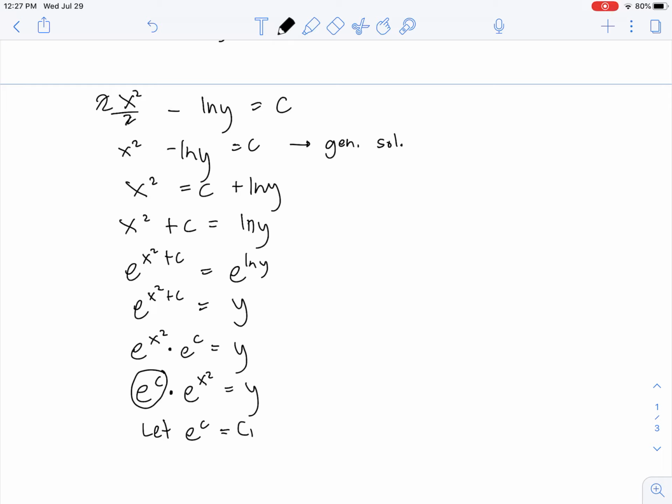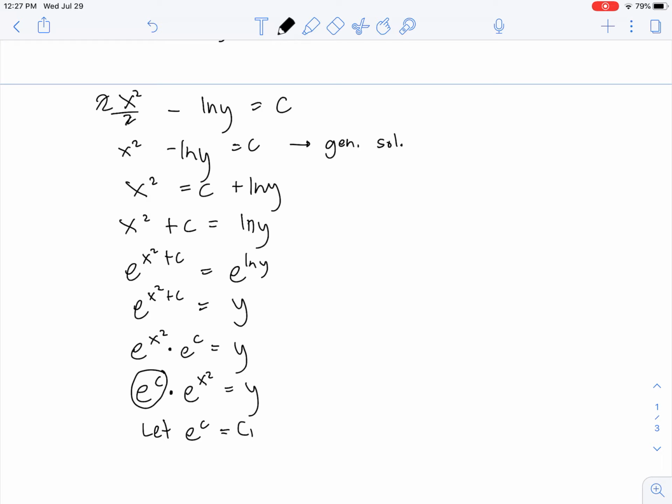Pero kanang concept dili siya ma-apply sa, say for example, natay si x, dili ta pwede na mahimo ni siyang C sub 1 because variable siya diri. So naga-vary iyang value compared sa kaning e raised to c, di ba?